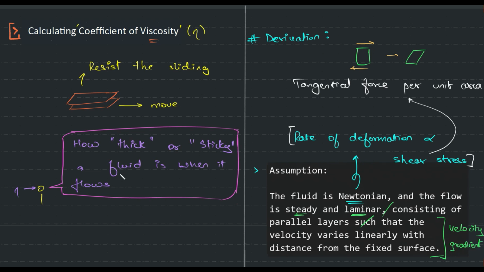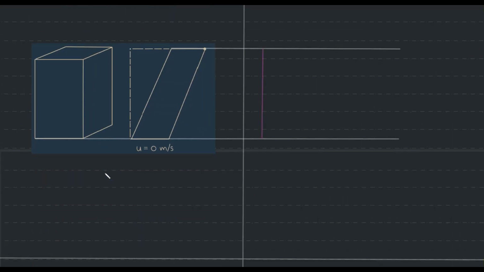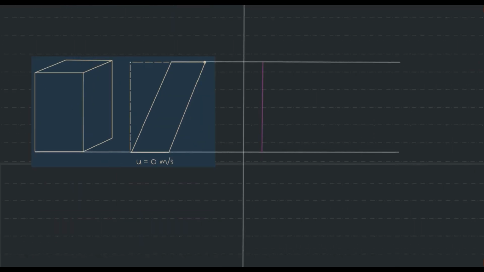I'll make it clear with this diagram. This is basically what we're looking at. I have a liquid layer, say of height L, and this area turns out to be A. When we apply a force of, say, F, it deforms.